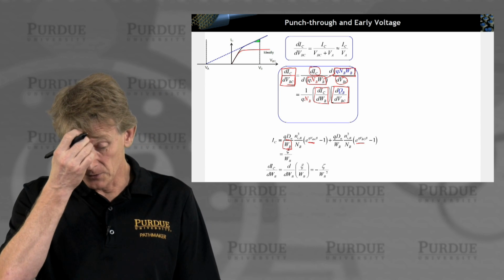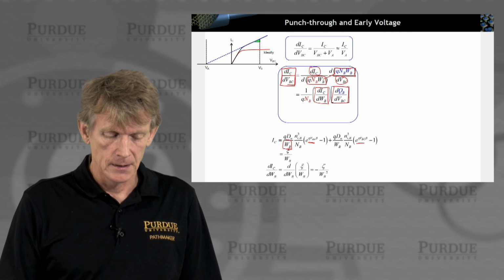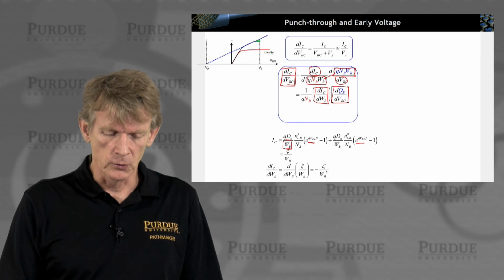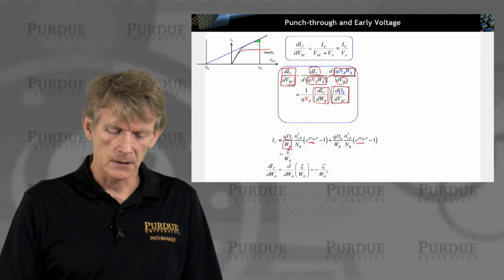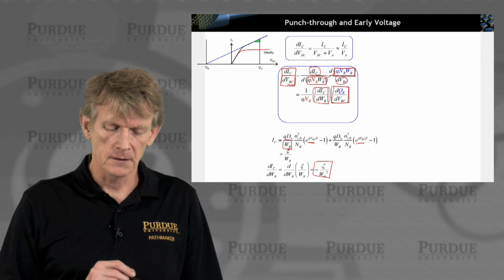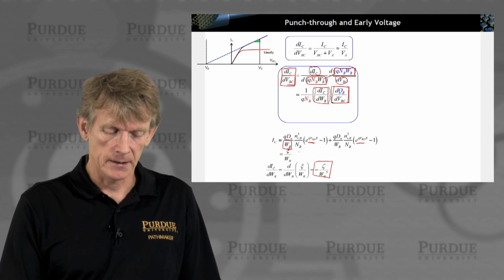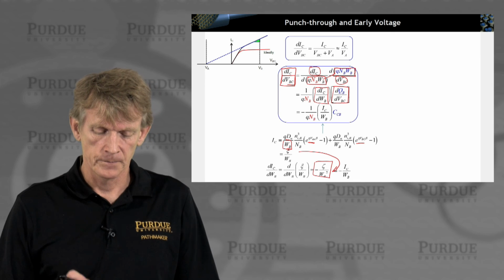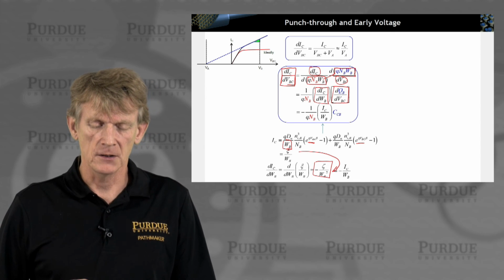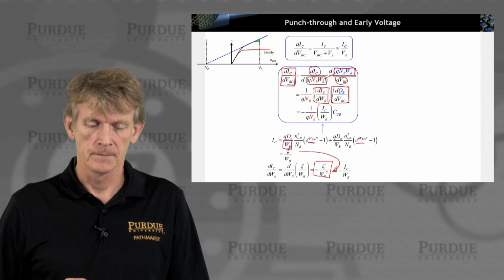Well, if I do that with a chain rule, I get minus 1 over WB squared times the function, and I can substitute that back in, and it's minus IC over WB. Okay?